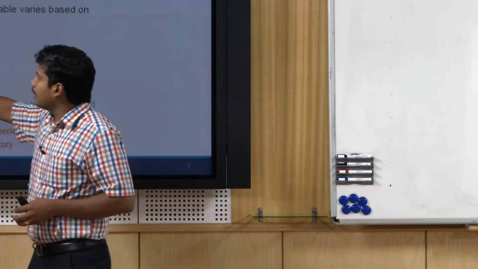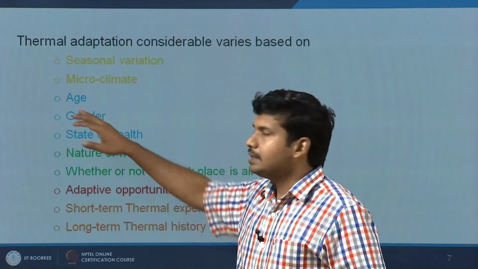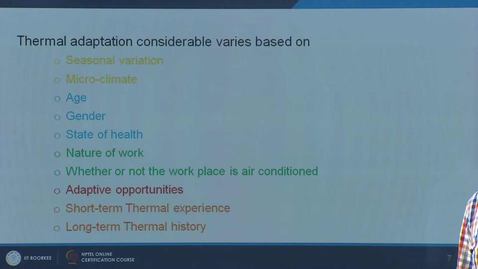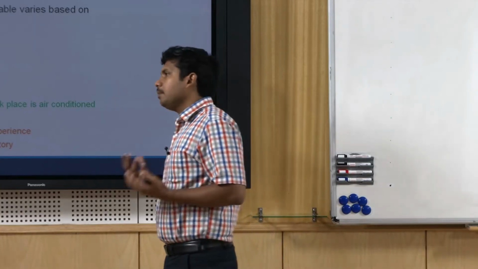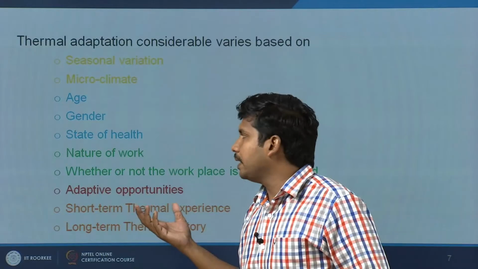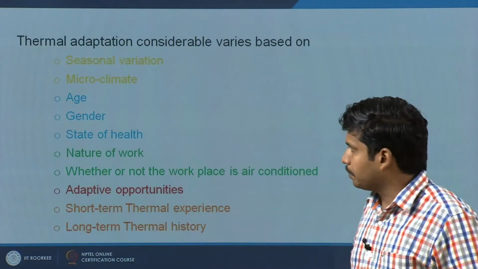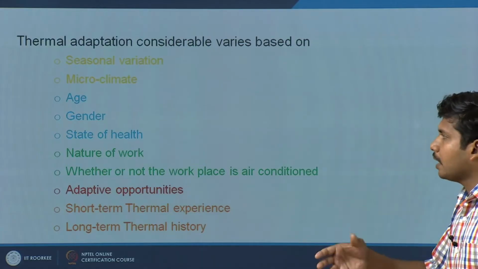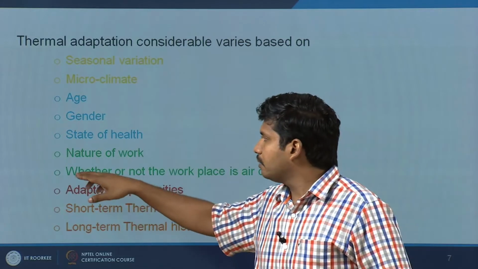Similarly, when we talk about age, another critical example which came up was that the younger set of people, less than 20 for example, had a preference for lower temperature compared to people who were above 50 years of age, mid age and old age people. State of health has a clear impact. We will talk about this in a little while.